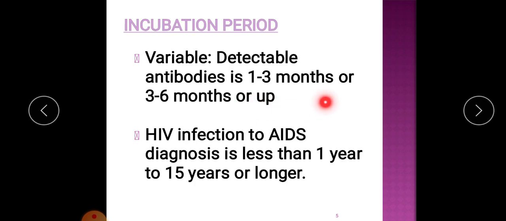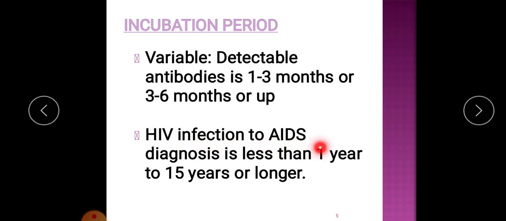So we need to wait 3 to 6 months before we have our HIV testing, and by that time we need to practice abstinence, or no sexual contact at all.